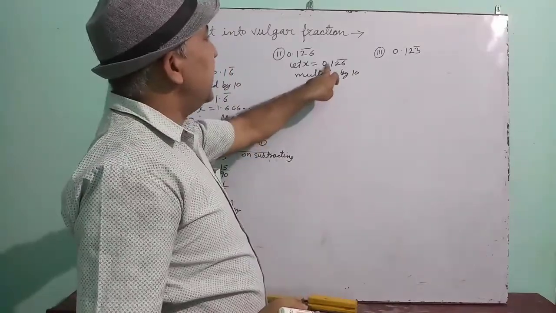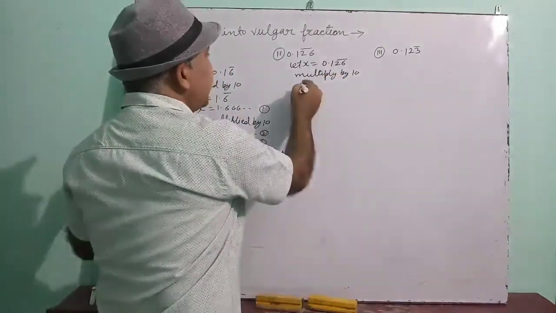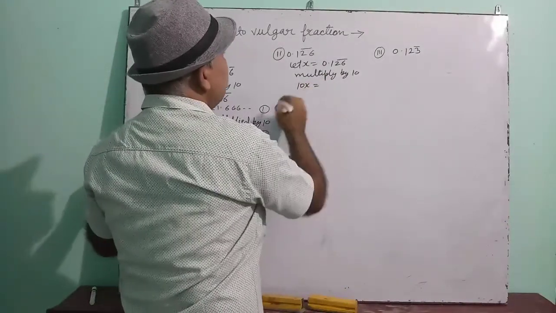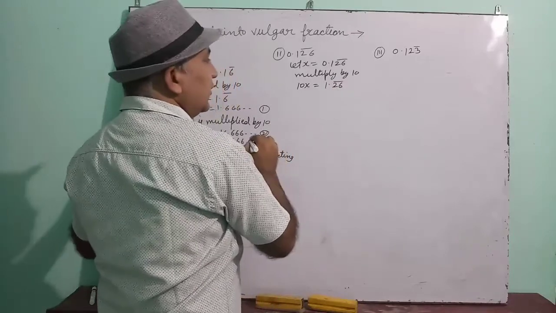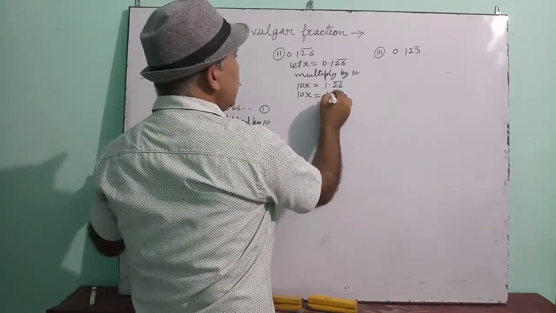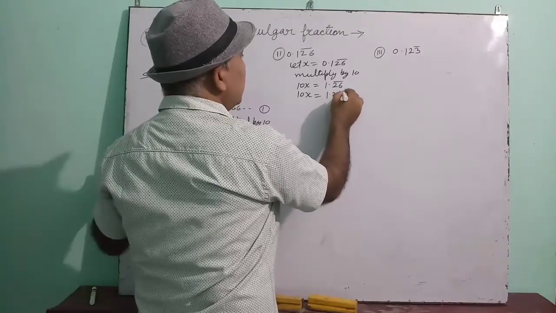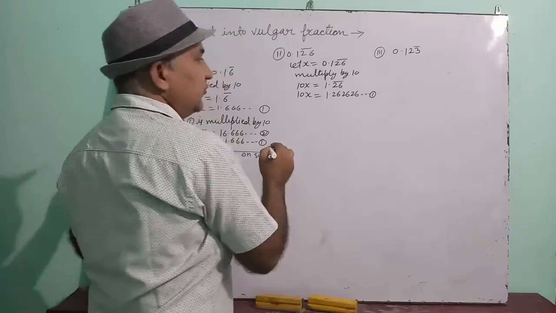Because the decimal has to shift only one digit. That is why it is multiplied by 10. So this will become 10x. It will become 1.26 bar. Now we will remove the bar. 1.26. This will be your equation 1.